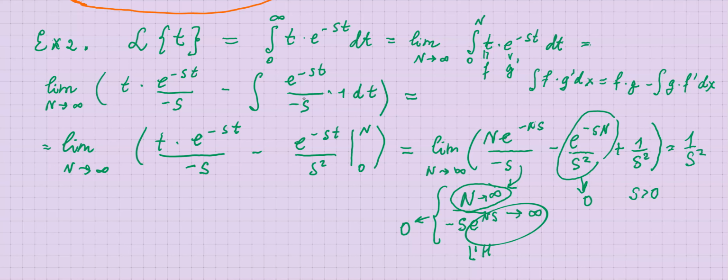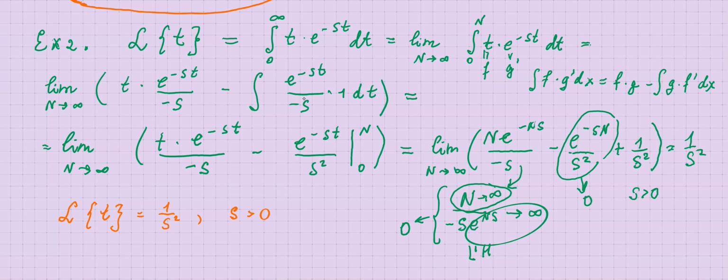I'm going to change my color and write down the Laplace transform of t. I'm hoping, guys, that you are going to remember at least 5 Laplace transforms which we do today. It's 1 over s squared, for s greater than 0 again.